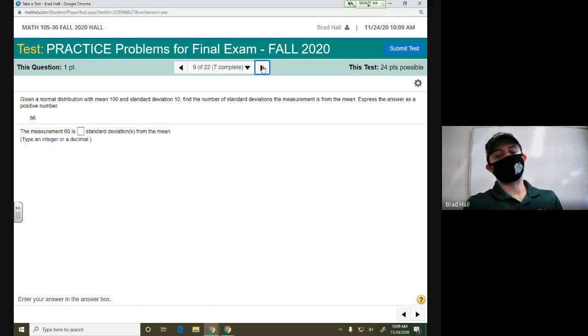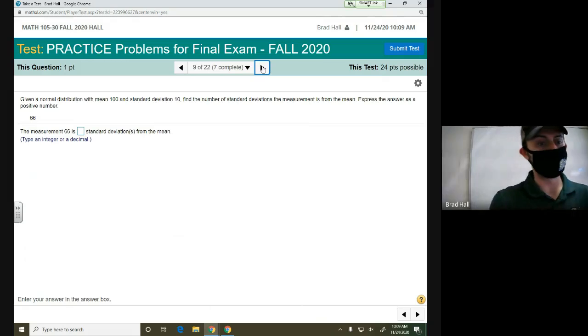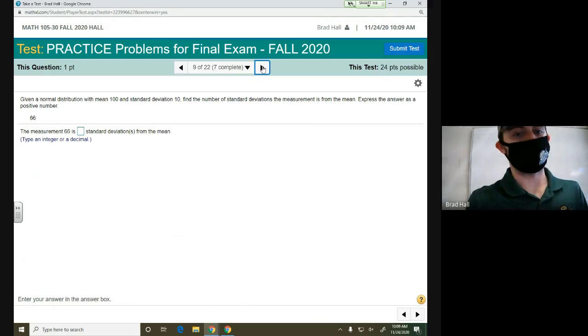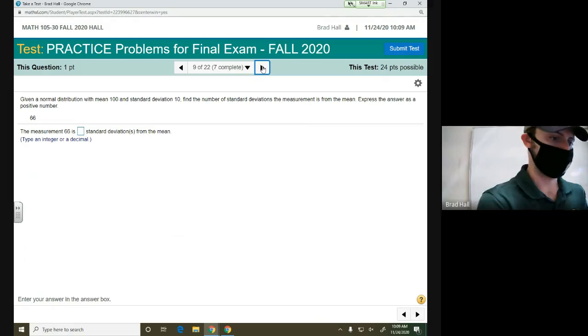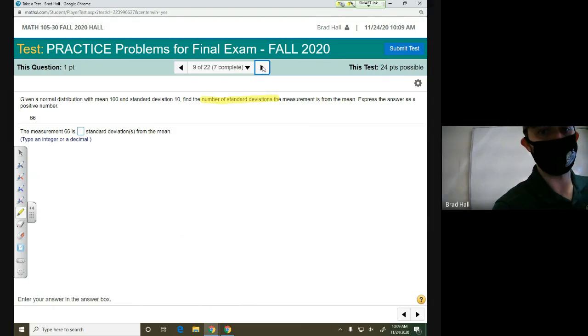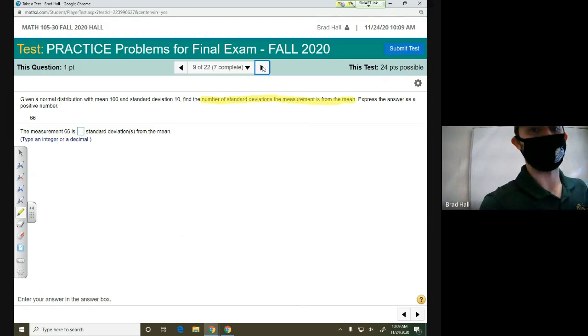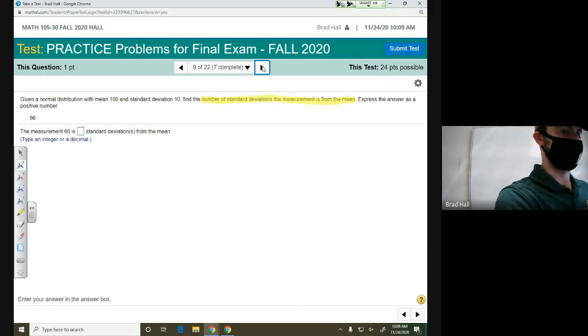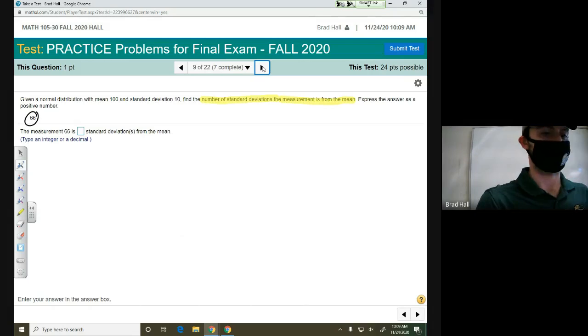So it'd be good to know how to dissect this information without being given any resources, so you don't have the formulas in front of you. How do you determine the number of standard deviations the measurement is from the mean? And they tell us we're trying to figure that out for 66.